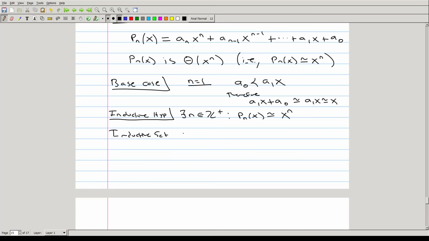The inductive step is to show that for all n in Z plus, if Pn of x grows on the same order as x to the n, then Pn plus 1 of x grows at the same order as x to the n plus 1.